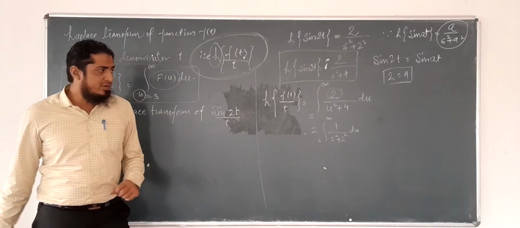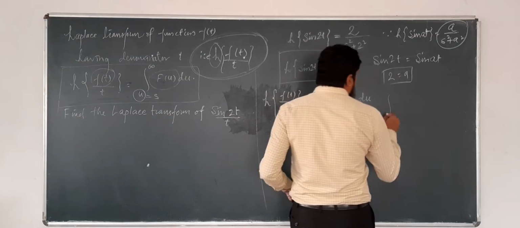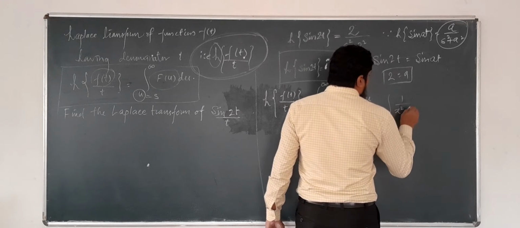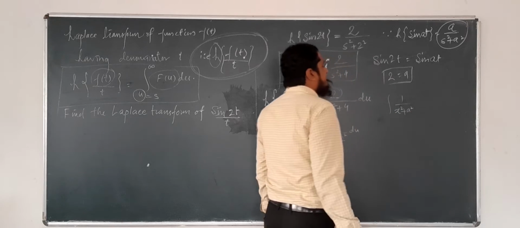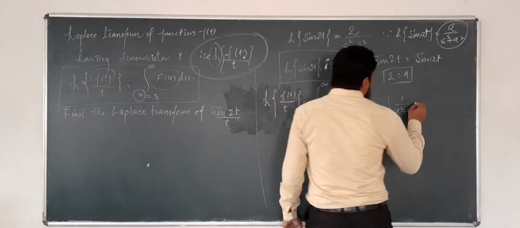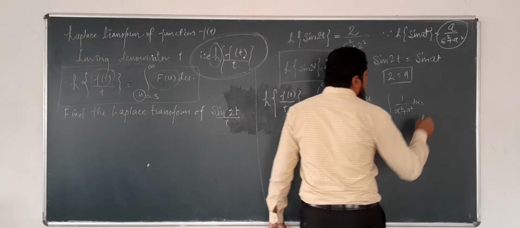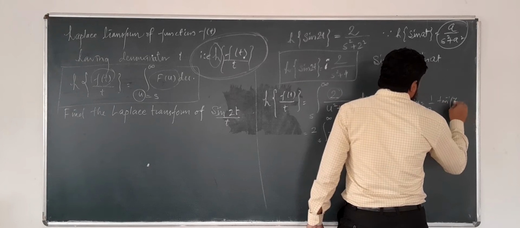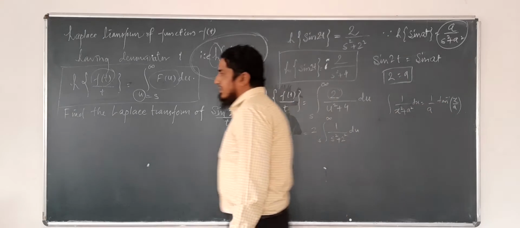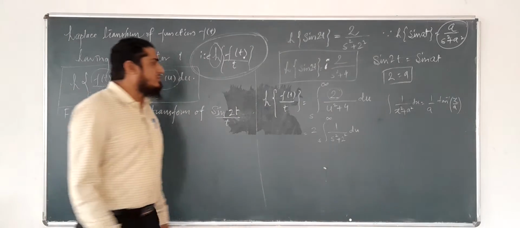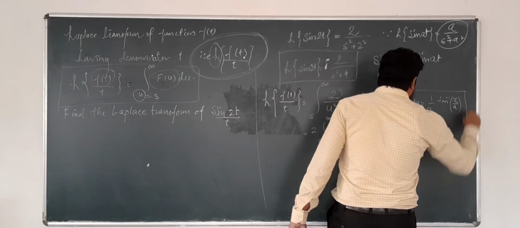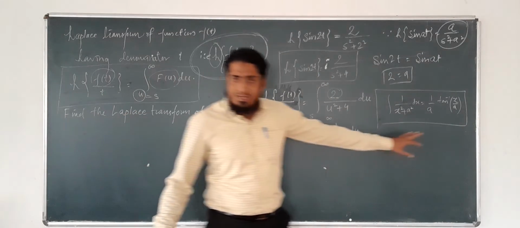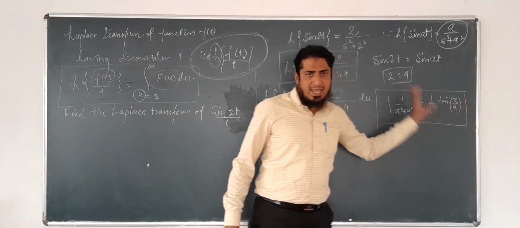We already know that the integration of 1 upon x square plus a square dx is always equal to 1 upon a tan inverse of x upon a. Correct? It is the formula for the integration of 1 upon x square plus a square dx.